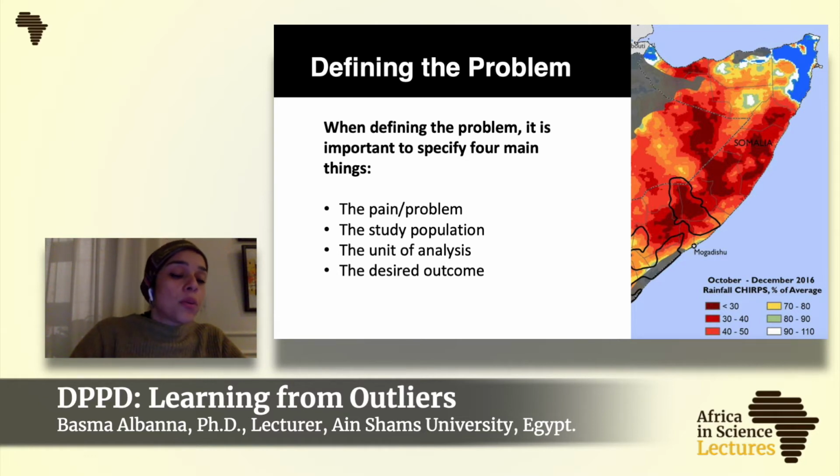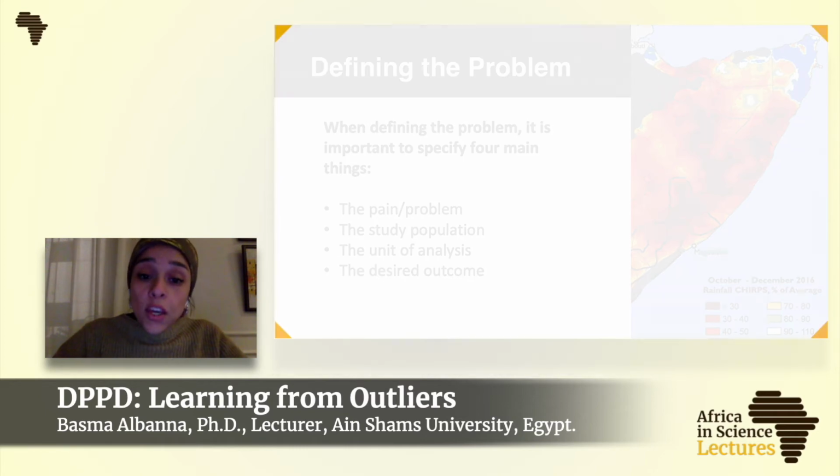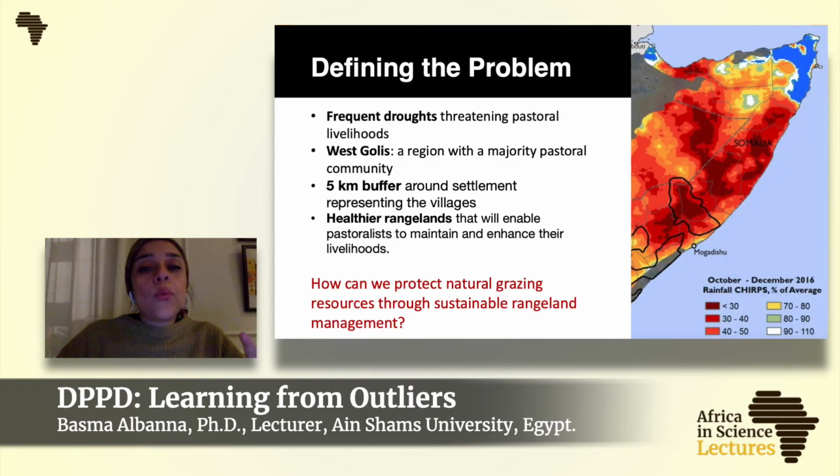And the desired outcome was to reach healthier rangeland that will enable pastoralists to maintain and enhance their livelihoods. The key question was, how can we protect natural grazing resources through sustainable rangeland management practices? The idea was to look for rangeland that is achieving better and use it as an entry point to identify and source those solutions.